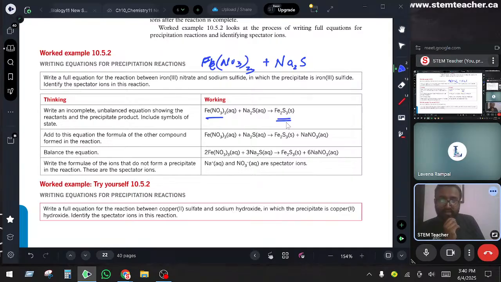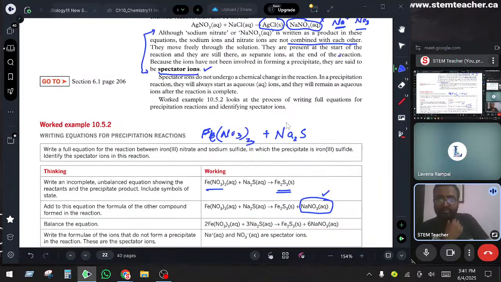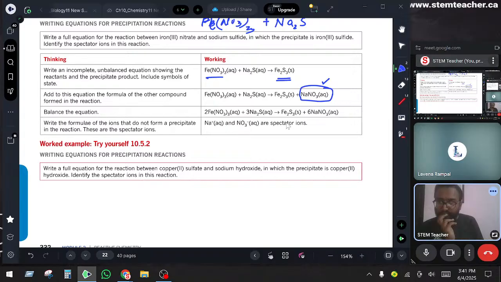It will release iron sulfate and it is aqueous. NaNO3 aqueous, what is this? This is spectator ion. Okay, you can see they are not joined together. Sodium and NO3 ions are not joined together, so that's why they will be spectator ions. Okay, you have to understand.